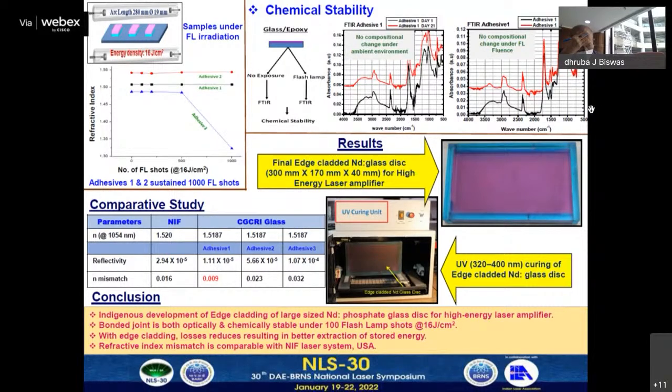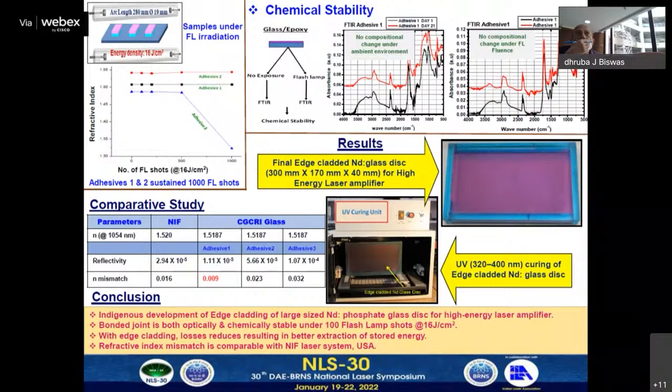Based on these results, we have identified adhesive 1 for our cementing purpose. Using this adhesive, we fabricated the glass rods obtained from CGCRI, then the grinding and polishing is done at RRCAT, and finally the cementing is done using adhesive 1 in this UV curing unit. The one shown in pink glass is the final edge cladded disc which we have obtained.